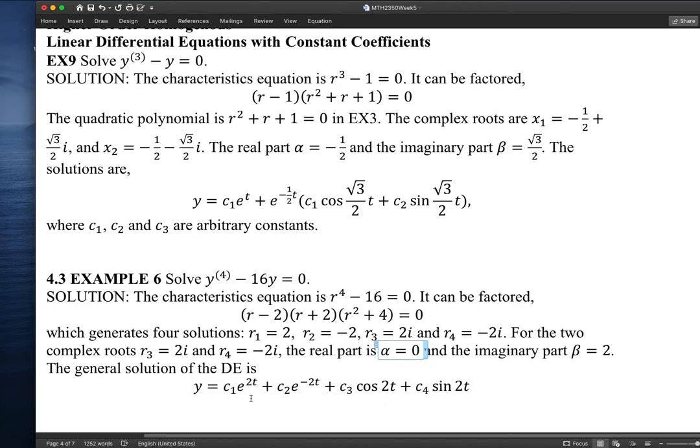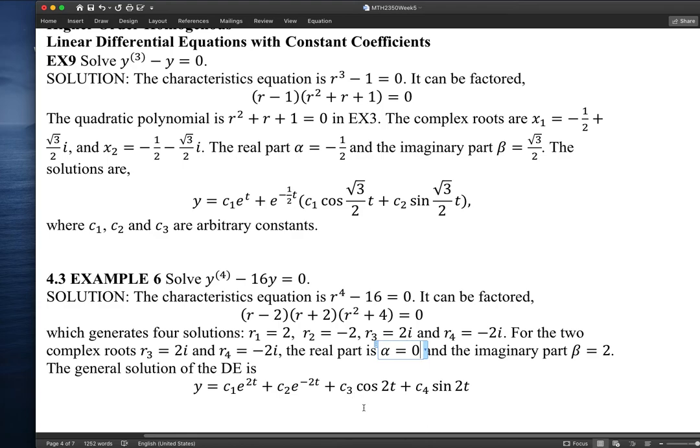I hope you understand where I get those two exponential functions, e to the 2t and e to the negative 2t, and how I get those 2 trigonometric functions, cosine 2t and sine 2t. Don't forget, cosine and sine come from the arrangement of complex roots.